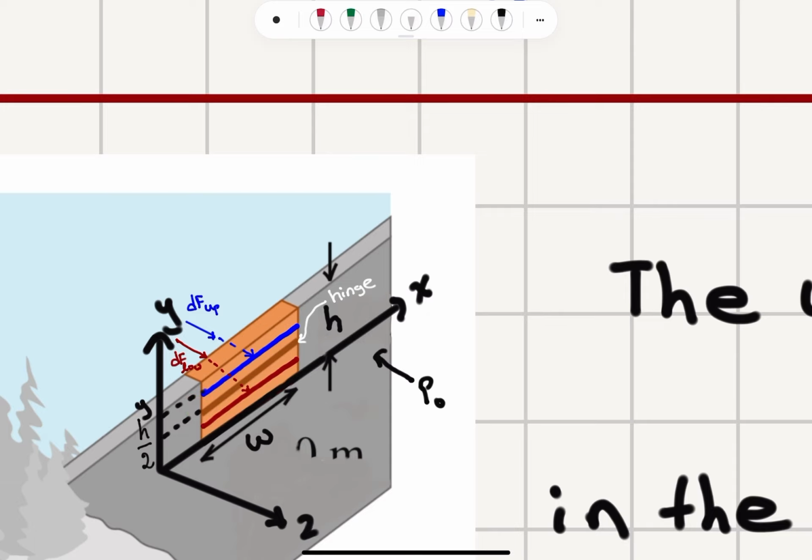Okay, so I'm at a perpendicular distance y minus h over 2 from this segment, and there is this force dF up which is being applied.